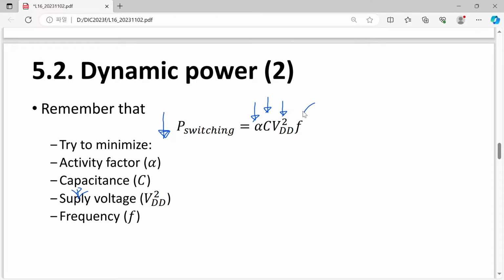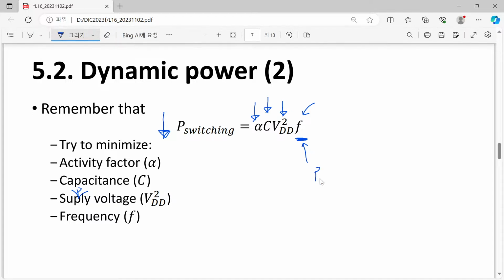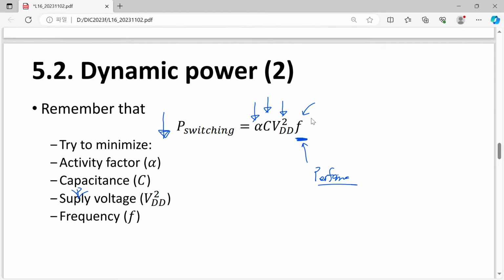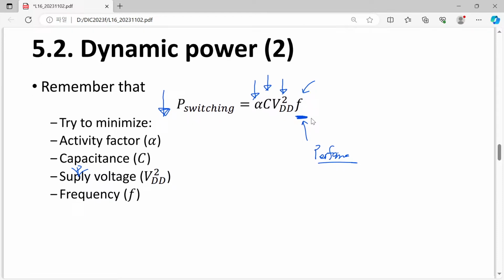And another one is to reduce the frequency. Of course, reducing frequency is directly related to our performance, so we don't want to compromise it in this way. However, let's think about this one by one.